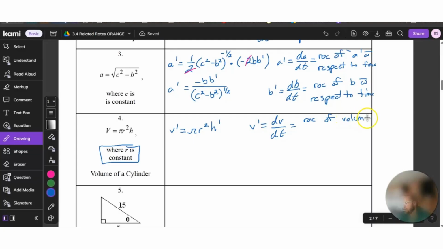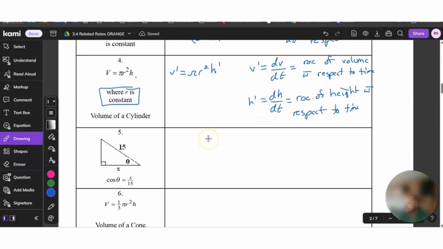So it's the rate of change of the volume with respect to time. And H prime we haven't technically done before, but I think you've figured out the pattern. What is H prime? Rate of change of height with respect to time. Amazing, right?